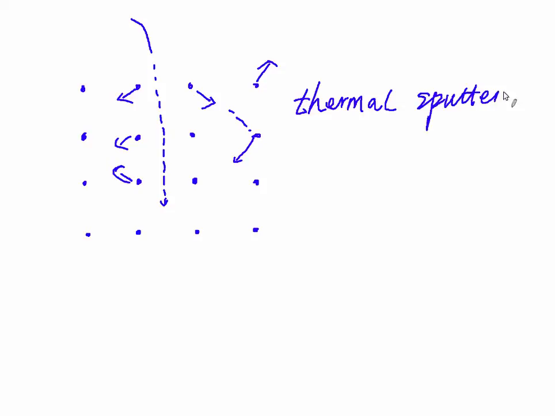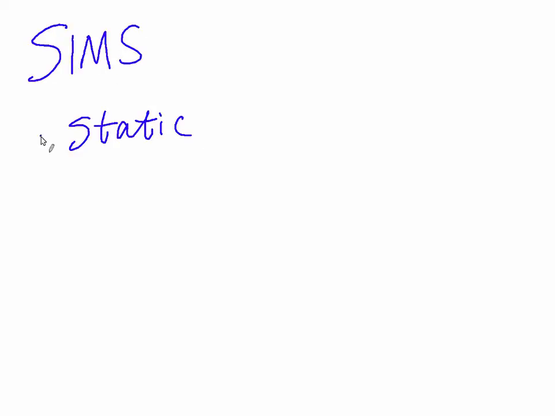The secondary ion will be generated by the thermal effect generated by the primary ion beam. There are two different methods to do a SIMS measurement. One is static SIMS. The other is dynamic SIMS.